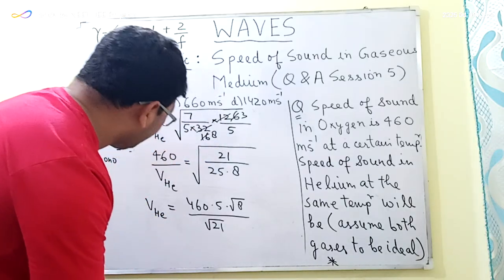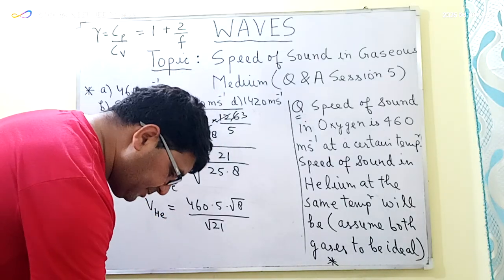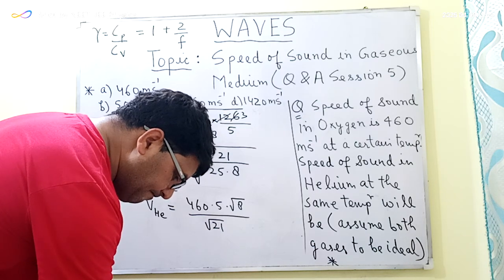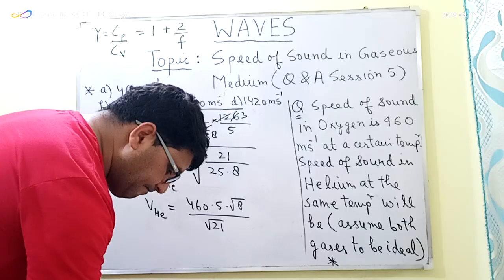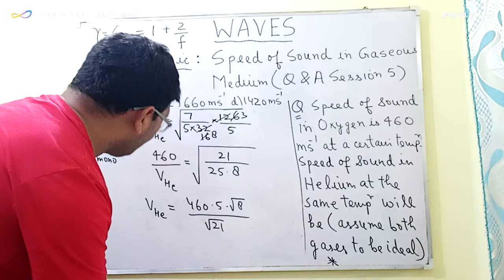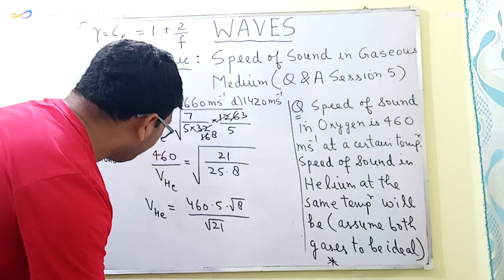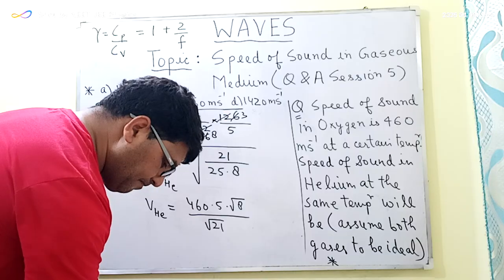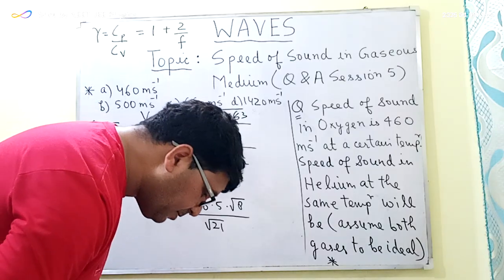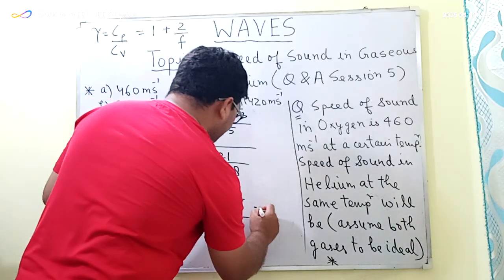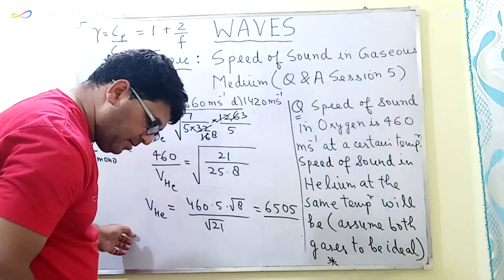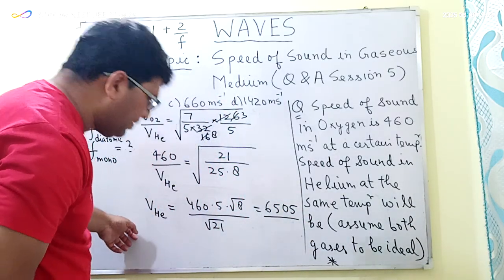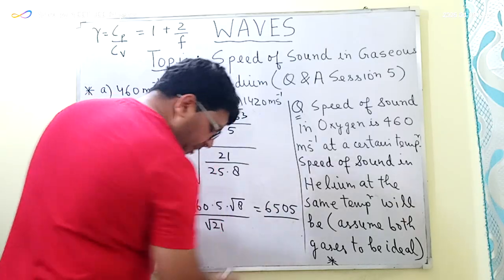By simplifying this equation, I will get the value approximately as 6505 divided by root 21.